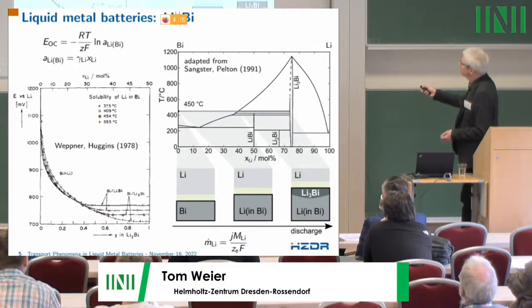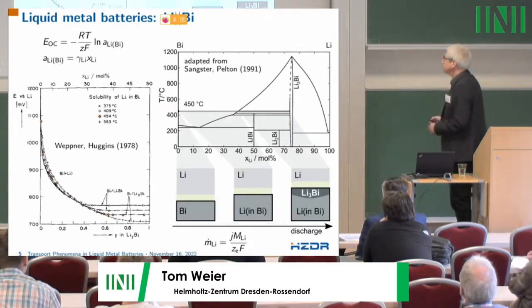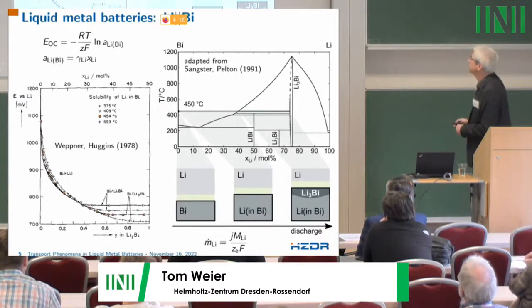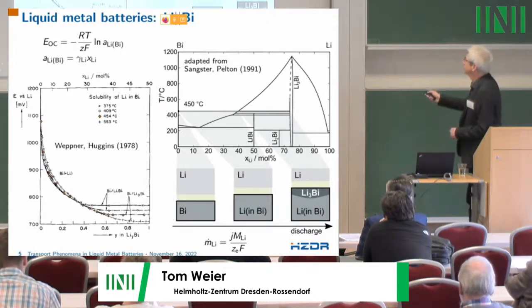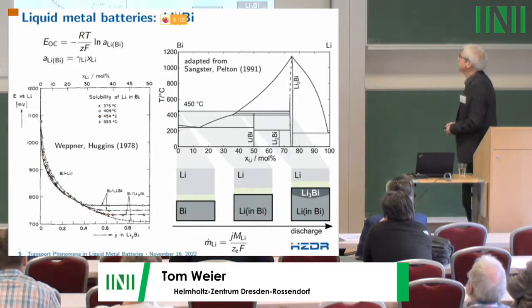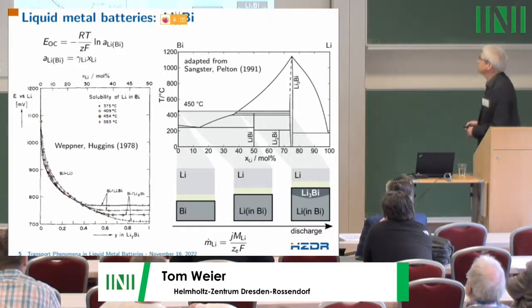Here we are passing from completely liquid into partially solid. So we get formation of intermetallic compounds, namely lithium-3 bismuth, and at this stage 75% lithium, 25% bismuth.